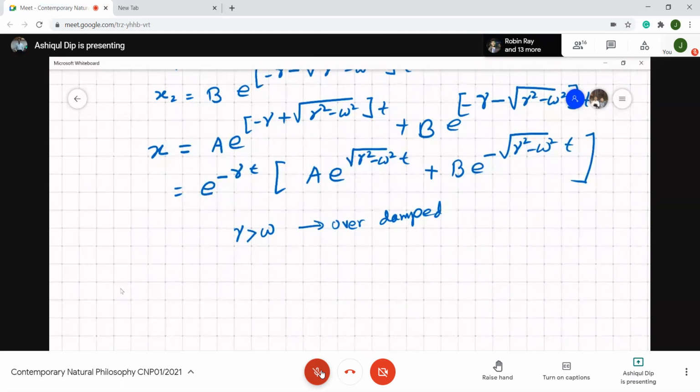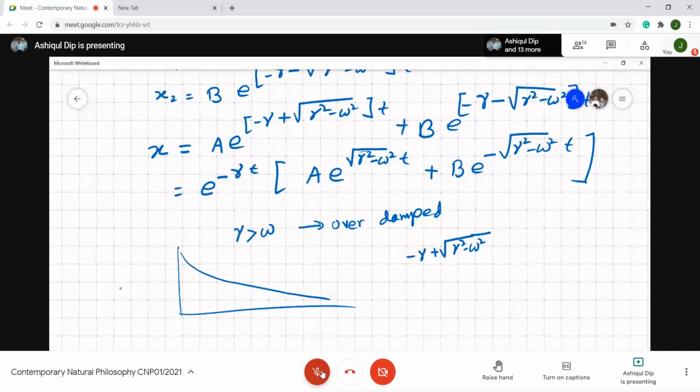There is a lot of physics going on here. I'm trying to skip all of those. We can say effectively the motion would be like this, because it has an e to the power negative gamma factor. So you have to subtract gamma, and you'll end up with this term, basically negative gamma plus square root of gamma square minus omega square. Now let's analyze.